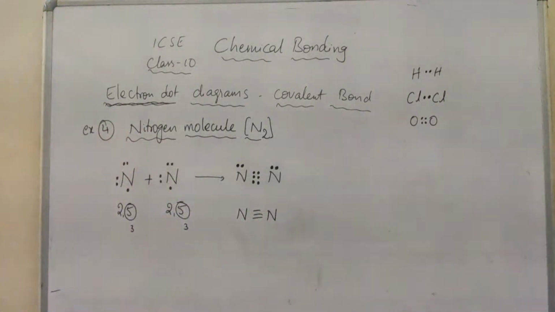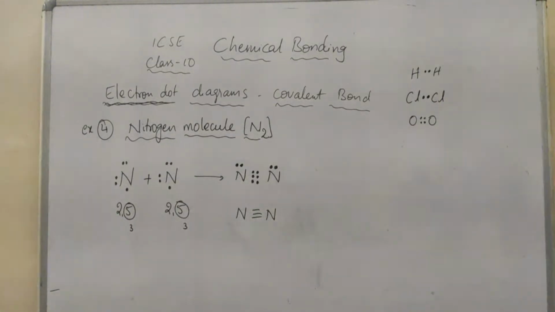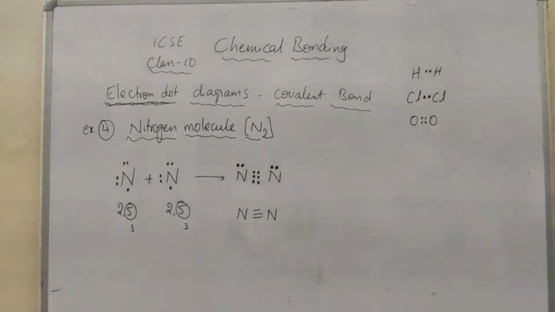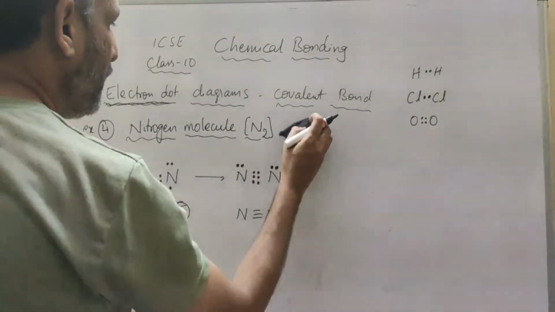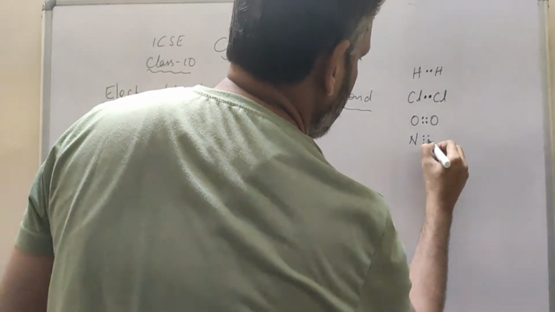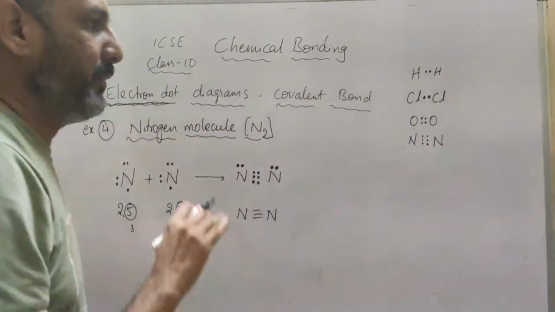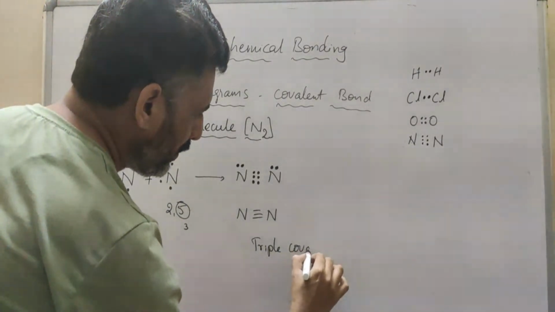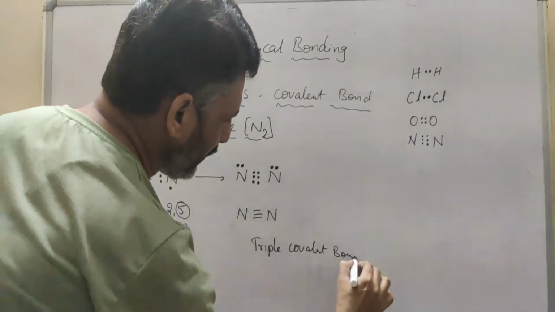So this is how the nitrogen molecule is formed. In the nitrogen molecule, you will have a triple bond and a total of 6 electrons or 3 pairs. This is called a triple covalent bond, or simply we can call it a triple bond.